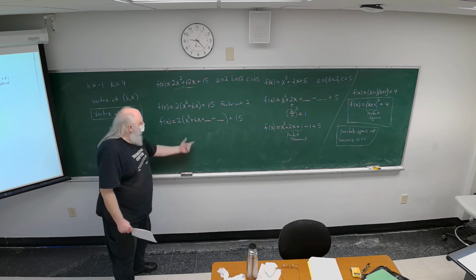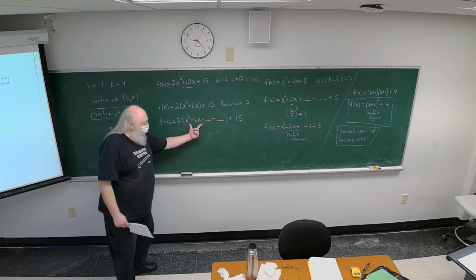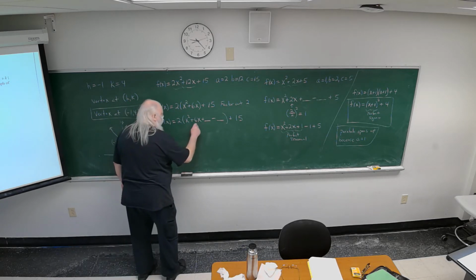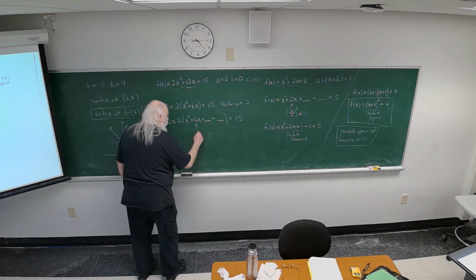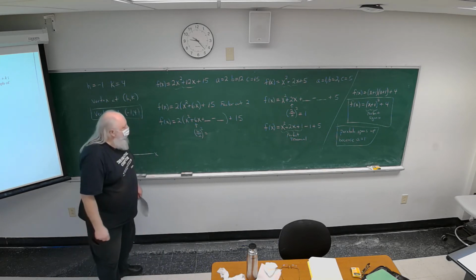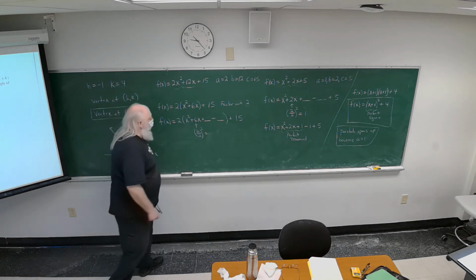number. So now I can create a perfect trinomial with x squared plus 6x by taking the number in front of the x, 6, divide it by 2, and square the result. 6 divided by 2 is 3, and 3 squared is 9.